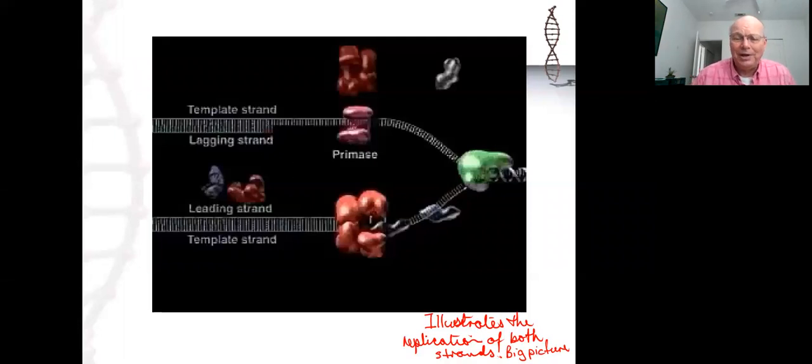And it also identifies some of the enzymes that are involved. All these are pieces of information that you need to have in place as you come to understand the process of DNA replication. So let's start breaking it down into smaller pieces.